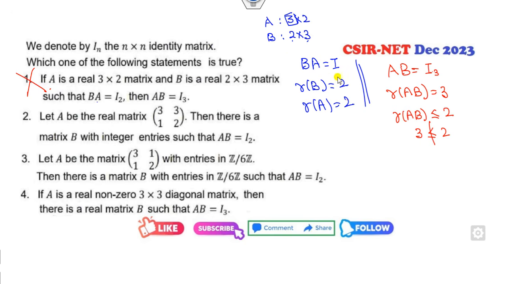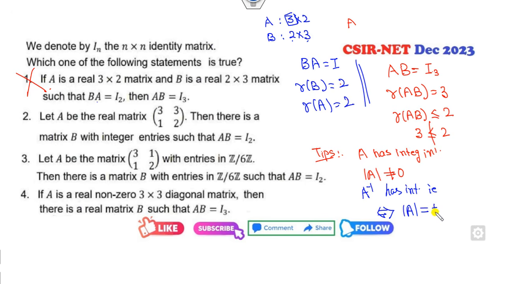Fine. Now look at the second example. There exists a matrix B with integer entries such that AB is equal to I2. Okay, again, if you remember what I gave you in the earlier tips, if A has integer entries and the determinant of A is non-zero, then A inverse has integer entries if and only if the determinant of A is plus or minus 1.